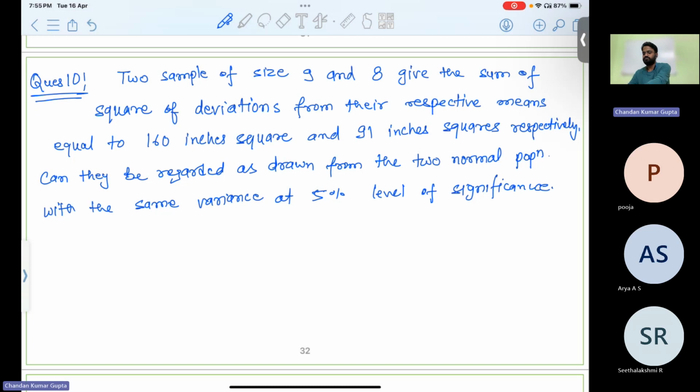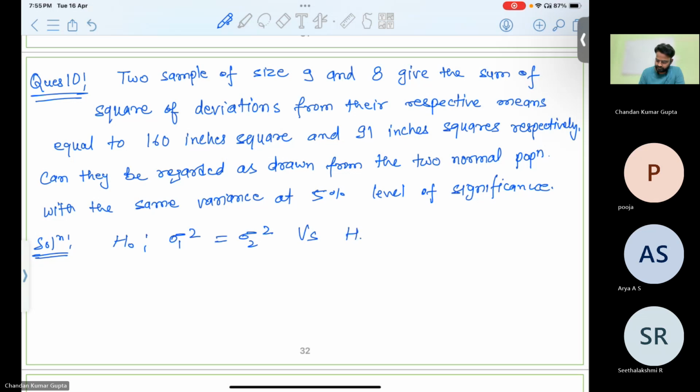So our hypothesis will be like this. H naught: sigma 1 square, the variance of the first population, is equal to the variance of the second population, against H1: sigma 1 square is not equal to sigma 2 square.